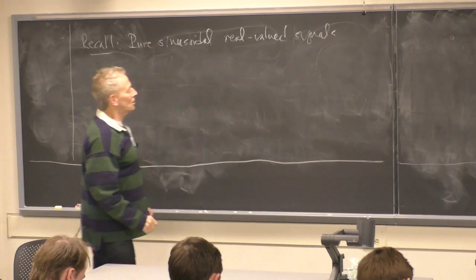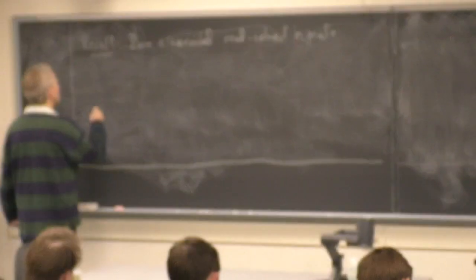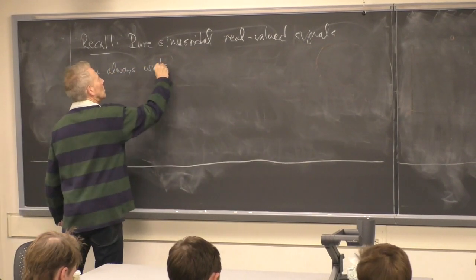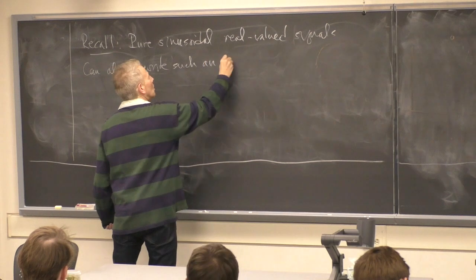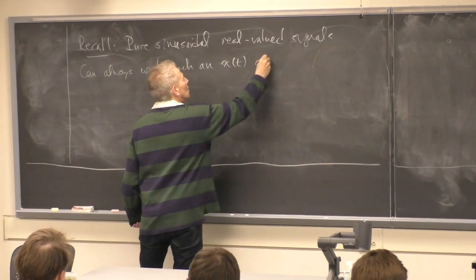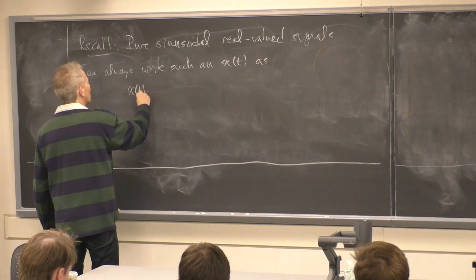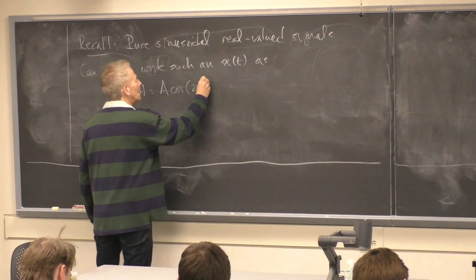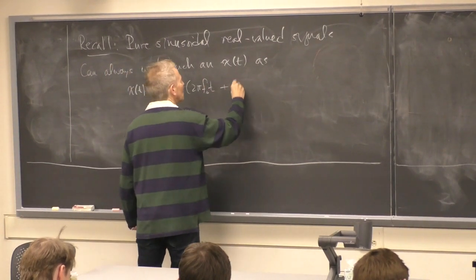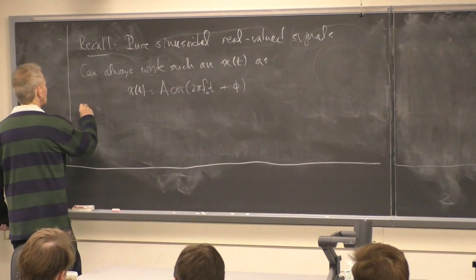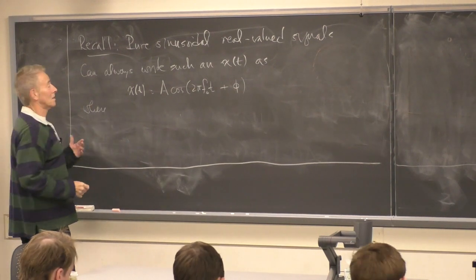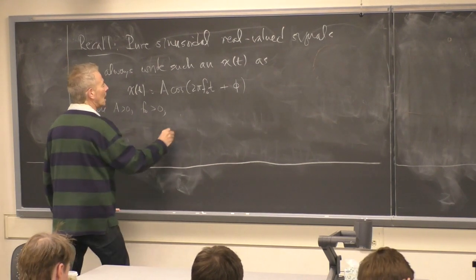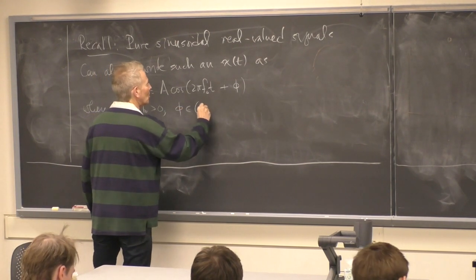And given such a thing, we can always represent it as follows. x of t is equal to a cosine 2 pi f0t plus phi, where, assuming x of t is not the zero signal, a is positive, f0 is positive, and phi is in the interval minus pi to pi.